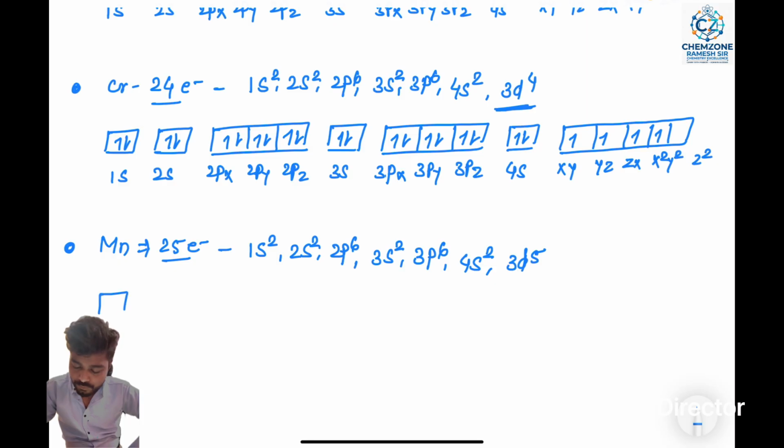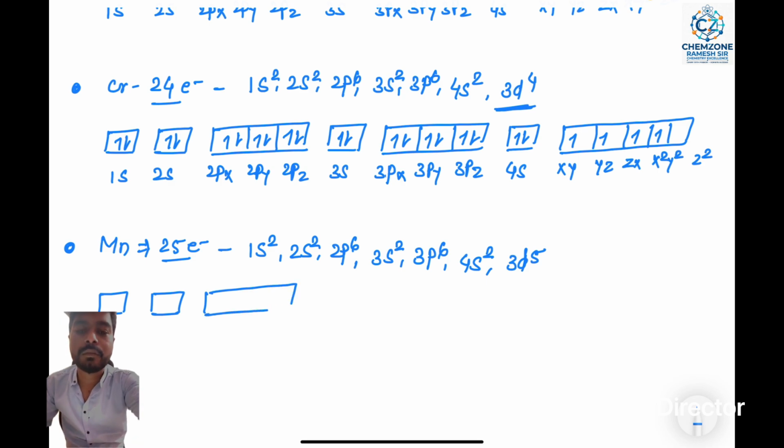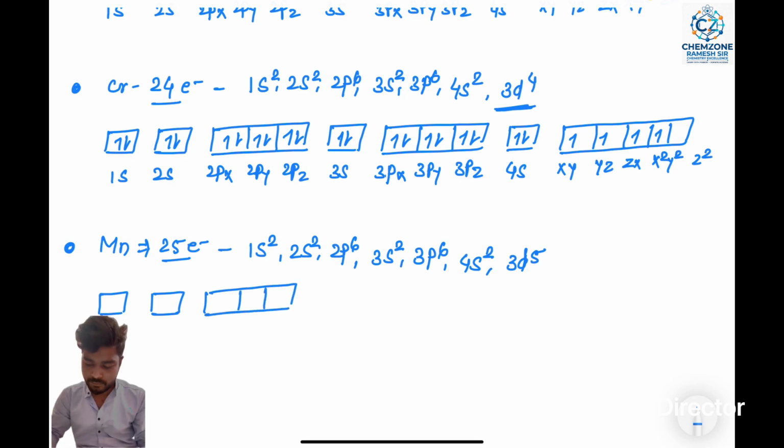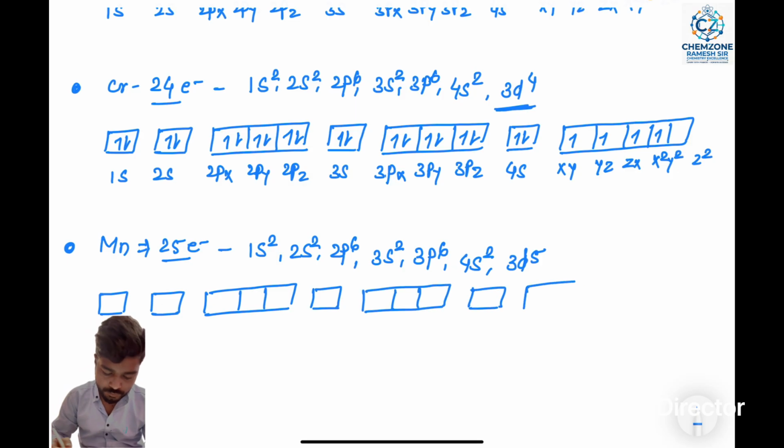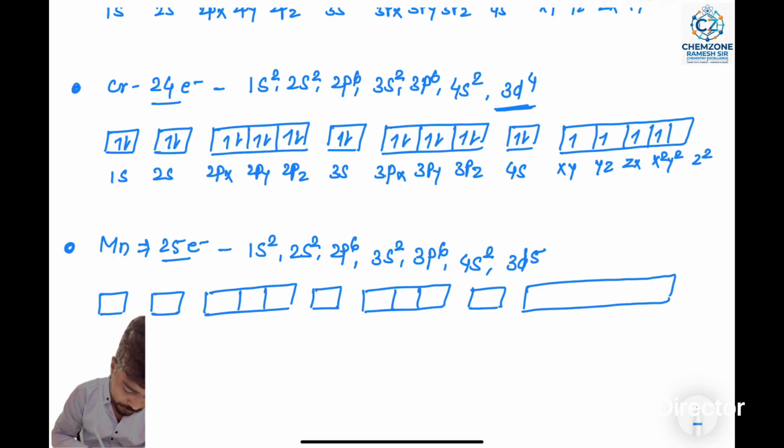So फिर बनाते हैं यहाँ पे ऑर्बिटल्स. 1s का हो गया, फिर 2s का हो गया, 2p का हो गया, 3s का हो गया, फिर आ जाता है हमारे पास 3p, फिर 4s, फिर 3d. 1, 2, 3, 4, 5.